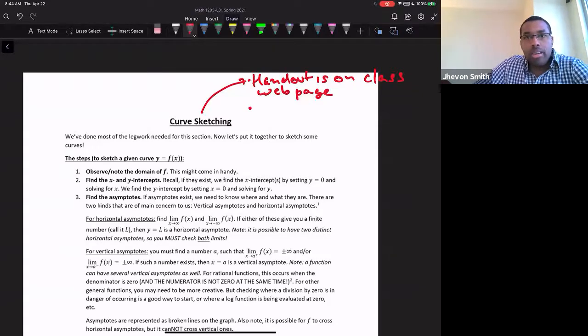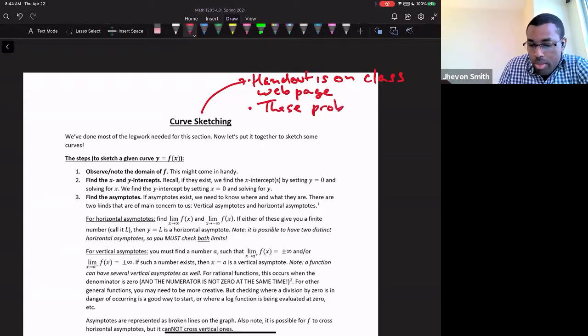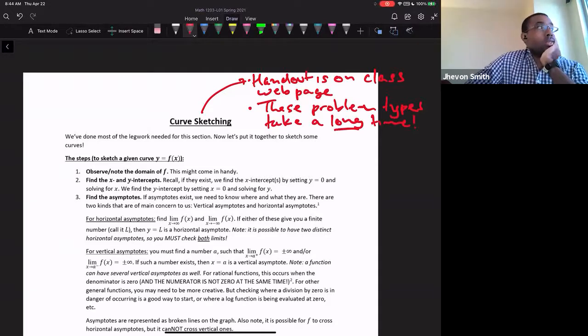The second thing you want to realize is that these problem types take a long time. And I say take a long time as far as our class is concerned.